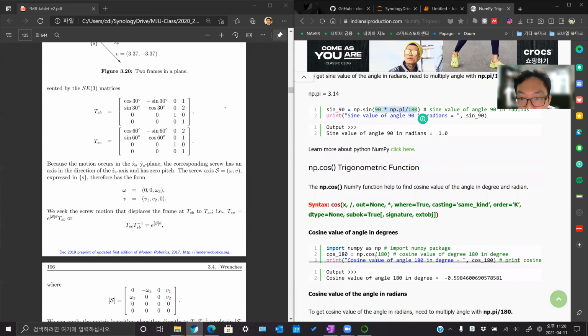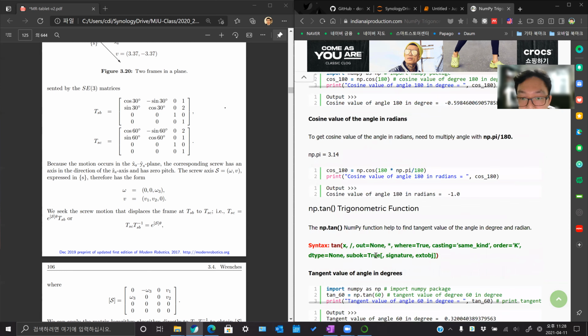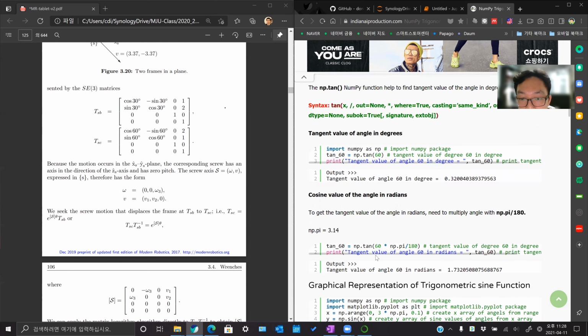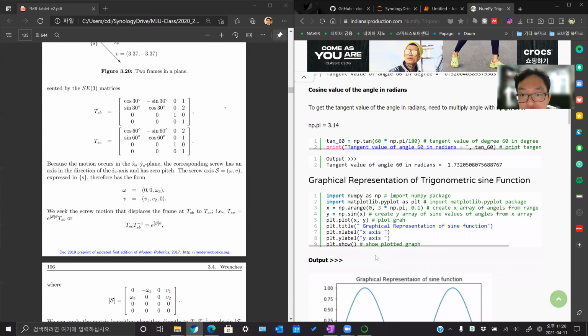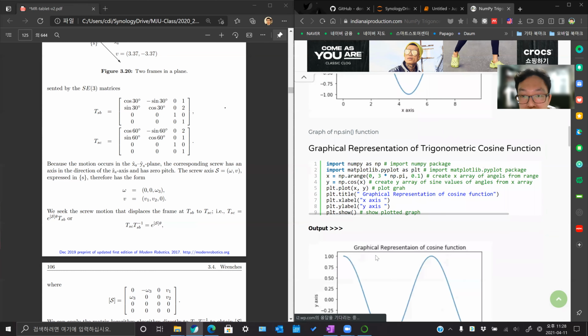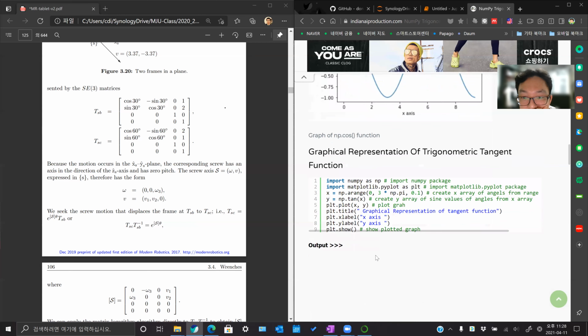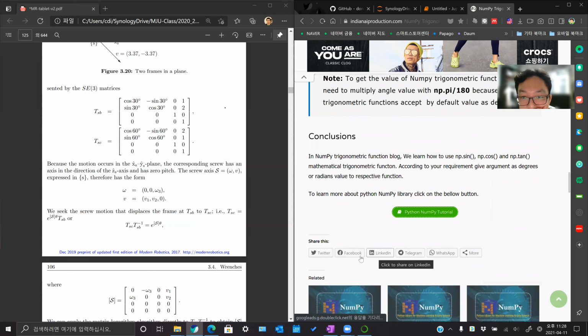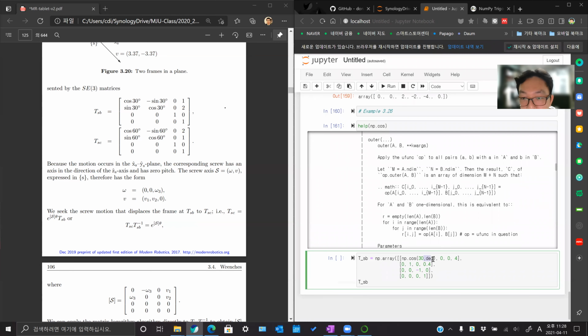So basically, we should input the radian value. But I want to input the degree value. How can I do it? Okay, just multiplying np.pi by this.